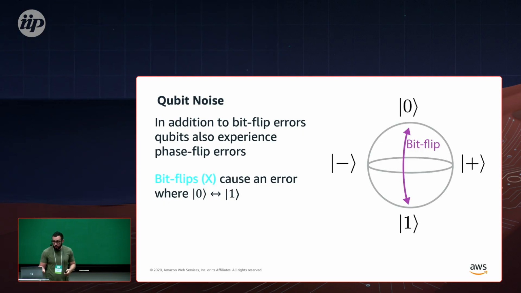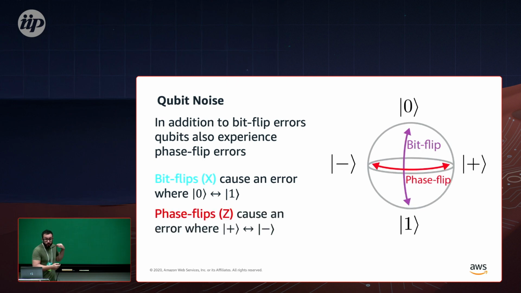What's remarkable about quantum mechanics is that there are more types of errors, but it's just one extra type of error, instead of infinitely many. So we do have the bit flip errors, where a 0 becomes a 1 and a 1 becomes a 0, exactly like classically. But now we also have what we call a phase flip error, which is just a bit flip error in the rotated basis, the Hadamard basis.